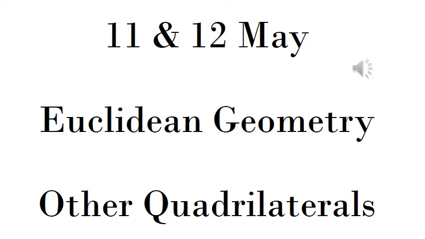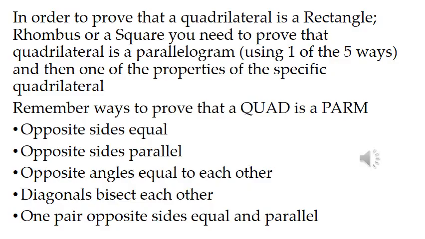Before we do that, I'm going to do a short recap and we're going to look at some of the properties quickly. In today's work, they are going to tell you that you have a quadrilateral, and ask you to prove that it is a rectangle or a rhombus or a square or a trapezium or a kite. In order to do this, there are two steps to follow.